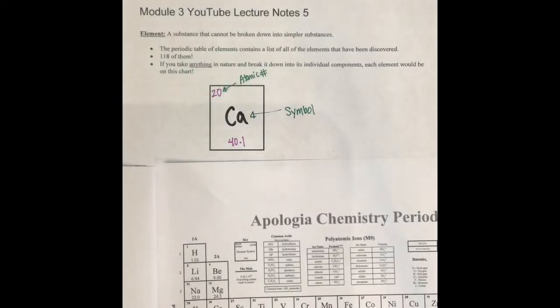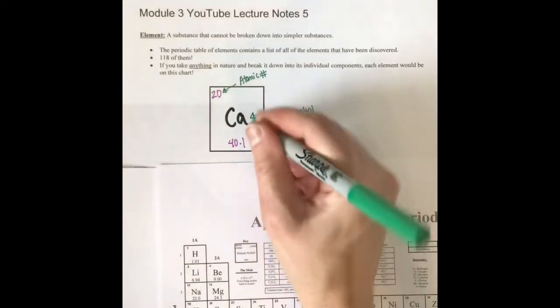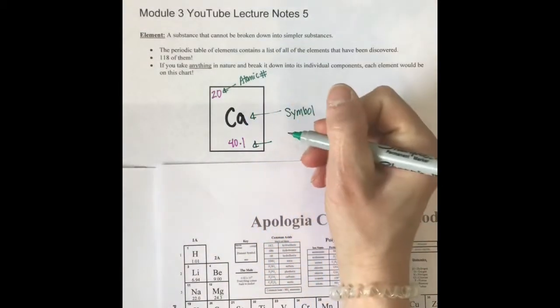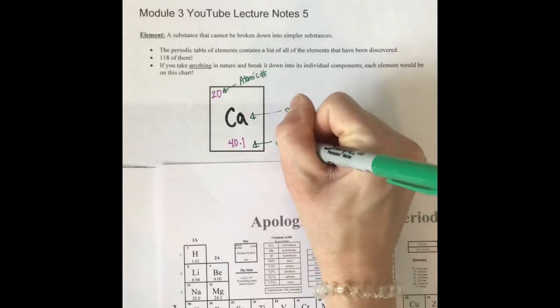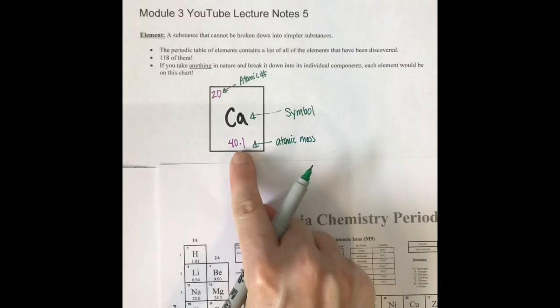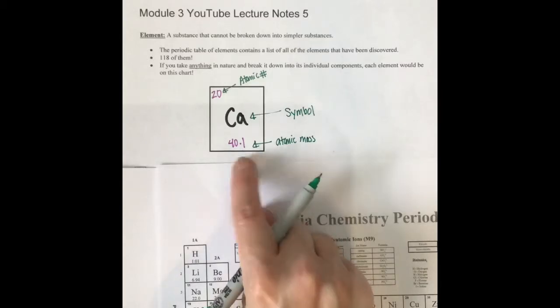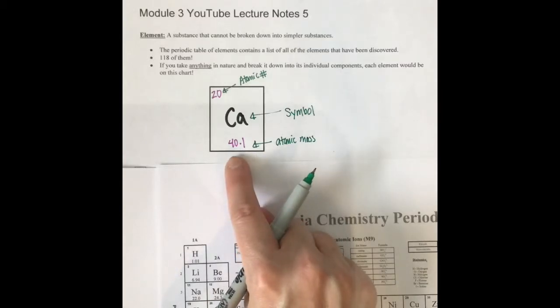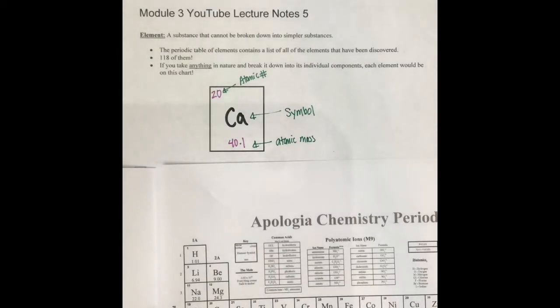Element 1 is at the top, the higher elements are at the bottom. And this 40.1 represents the atomic mass. This is the weight or the mass of the element in atomic mass units. And those also increase as you go throughout the periodic table.